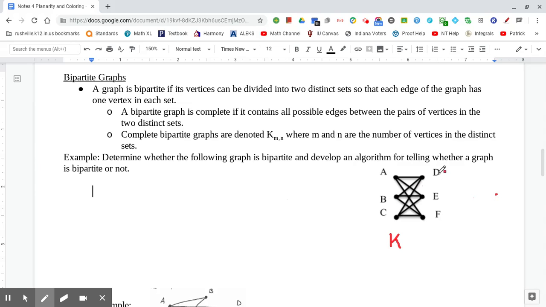Vertex B was adjacent to all of the vertices in set 2, same with C, and then D was adjacent to everything in the first set, E was adjacent to everything in the first set, and same with F. So it was a complete bipartite graph, so we use K to represent it, with subscripts to say how many vertices are in each of the sets. Set 1 had 3 vertices and set 2 had 3 vertices, so we could represent our graph as a K3,3 graph.